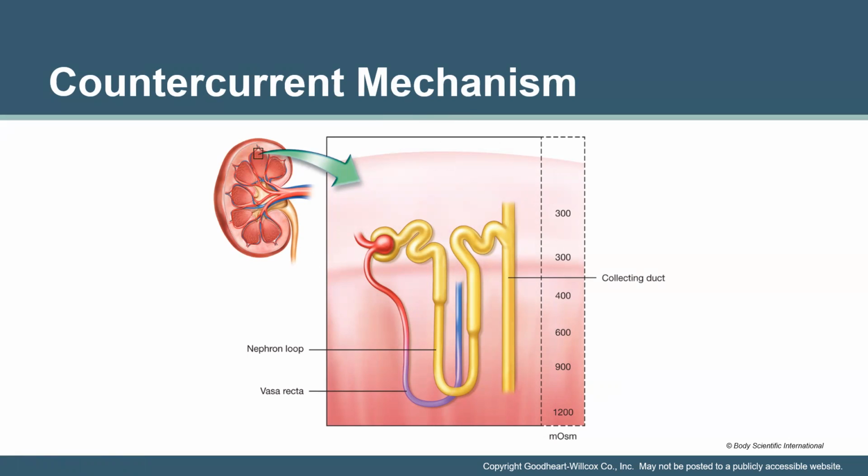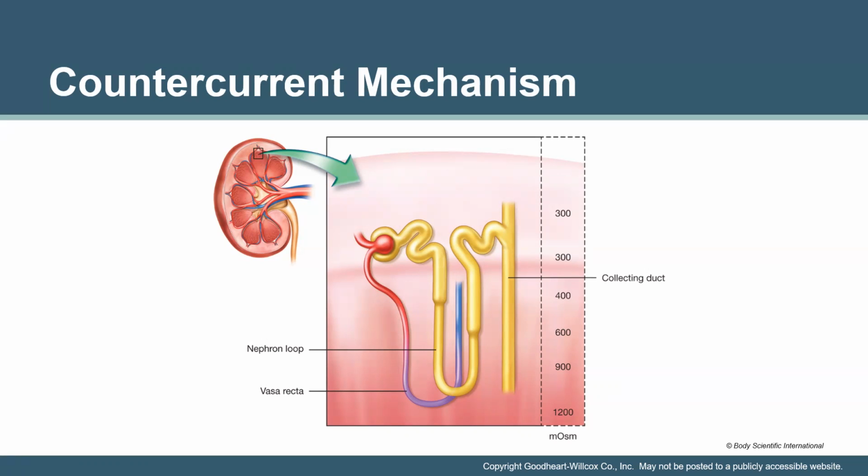So a key to maintaining the state in the loop, we call this the countercurrent mechanism. It's called countercurrent because the blood flows down the vasa recta, then back past itself in the opposite direction.